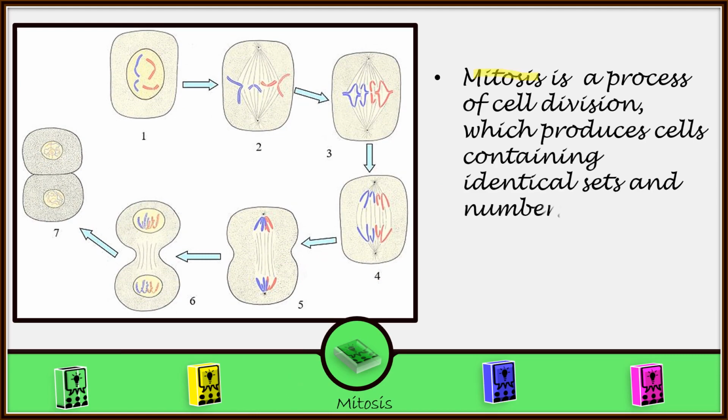Mitosis is a process of cell division which produces cells containing identical sets and numbers of chromosomes.